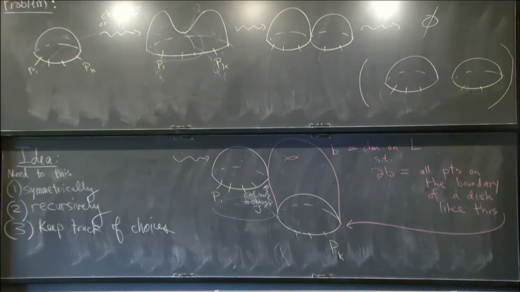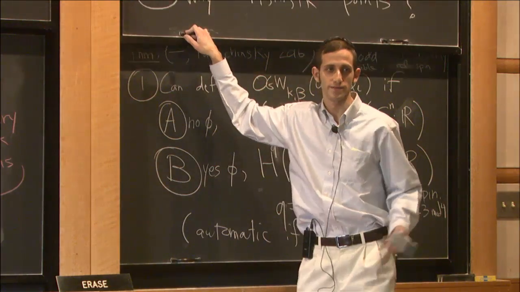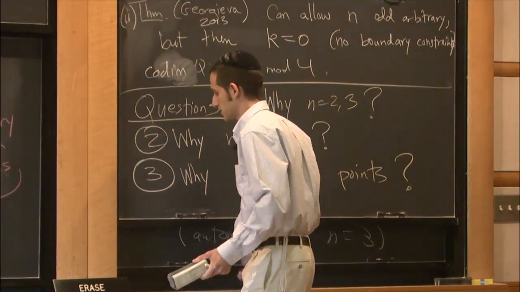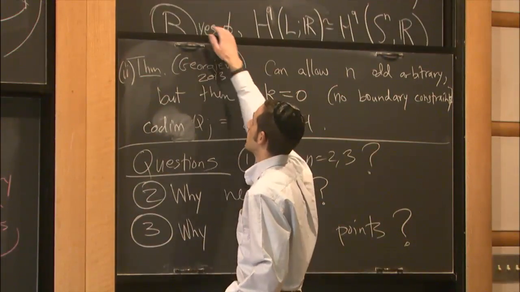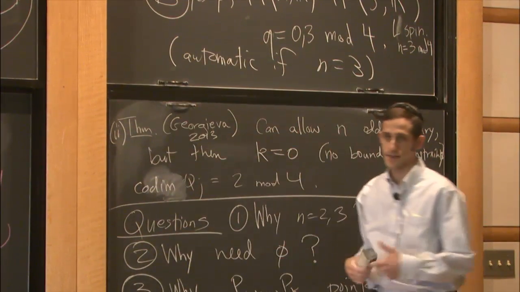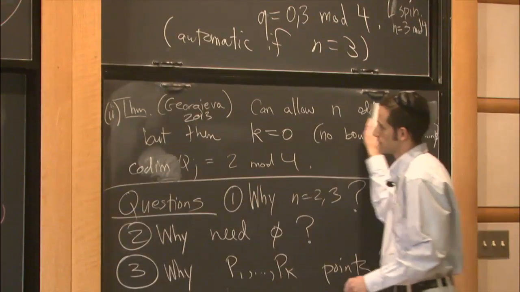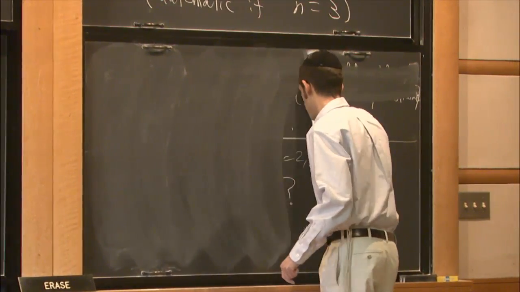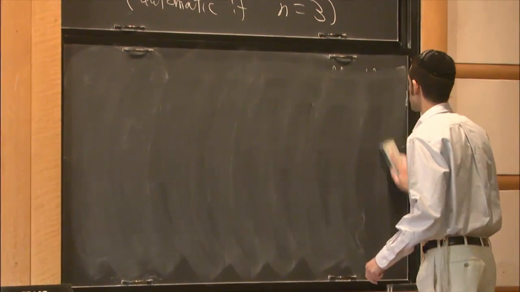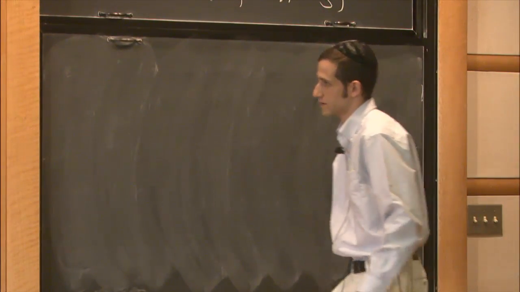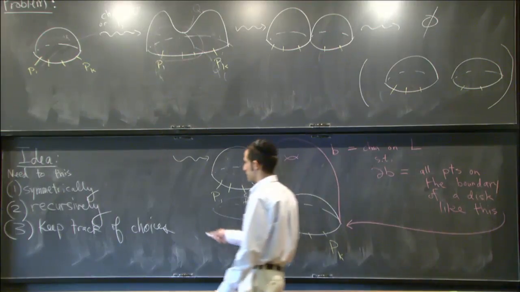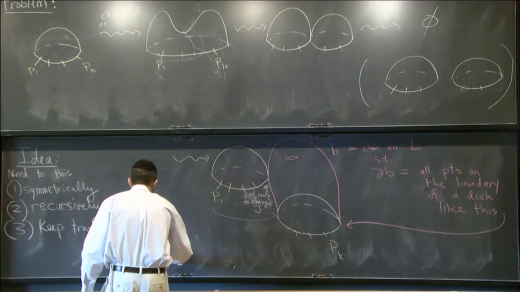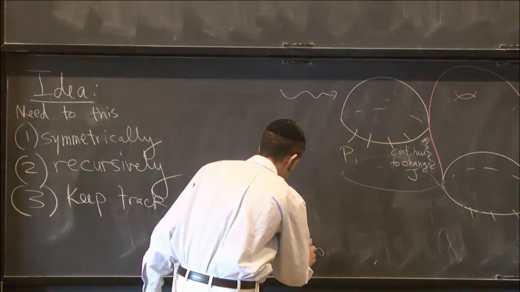You could have chosen anything. There's a huge choice there, and you just have to keep track of all of them. And this is one reason one might want to study A-infinity algebras. So these three requirements lead us to A-infinity algebras.